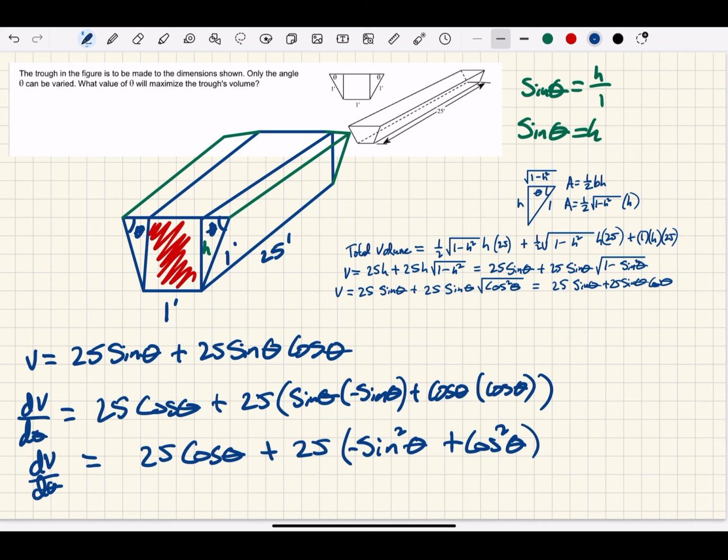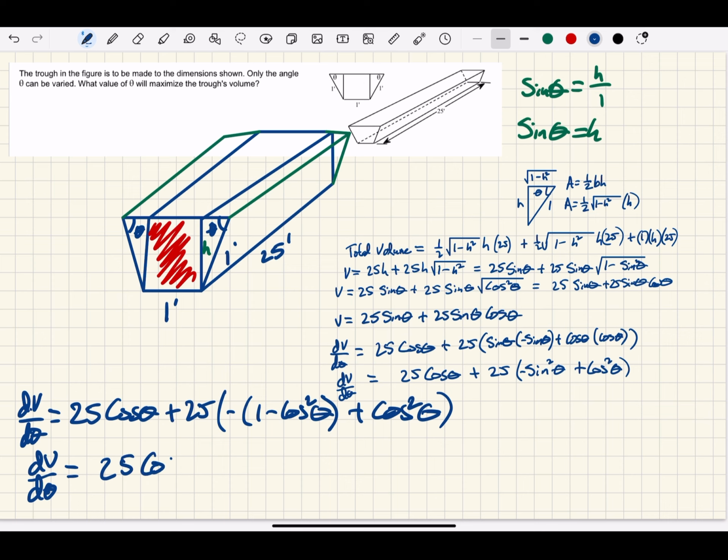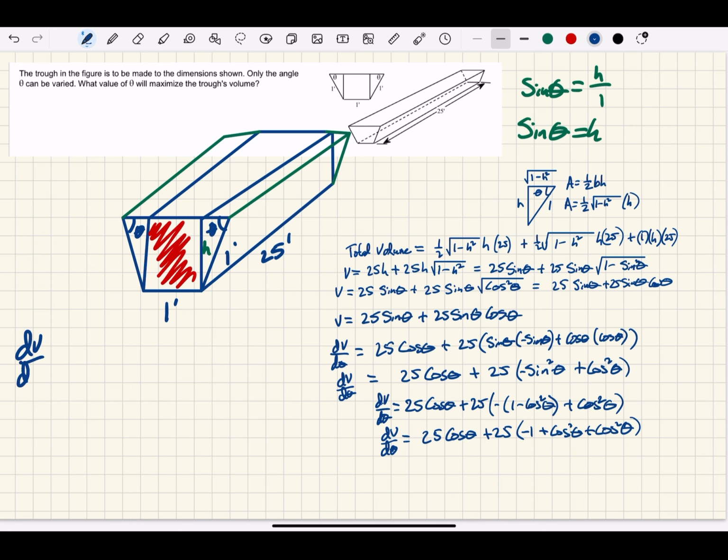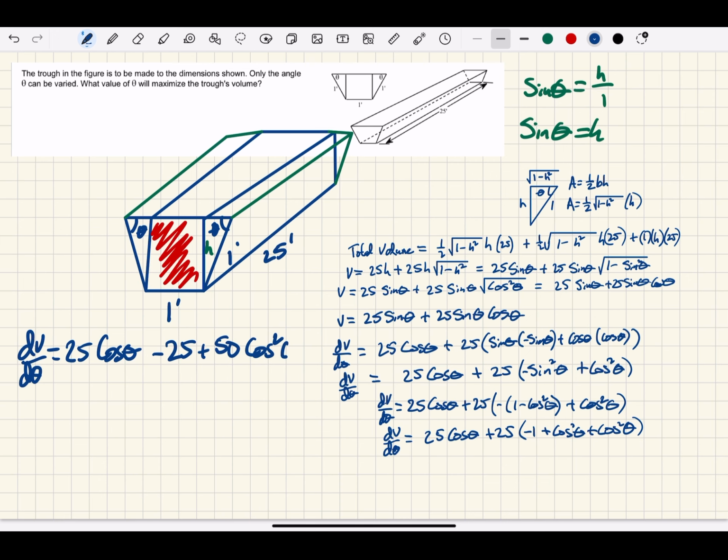And simplifying this, we have dV/d theta equal to 25 cosine theta plus 25 times negative 1 plus the cosine squared of theta plus the cosine squared of theta, which we can then write as dV/d theta equal to 25 cosine theta minus 25 plus 50 cosine squared theta.